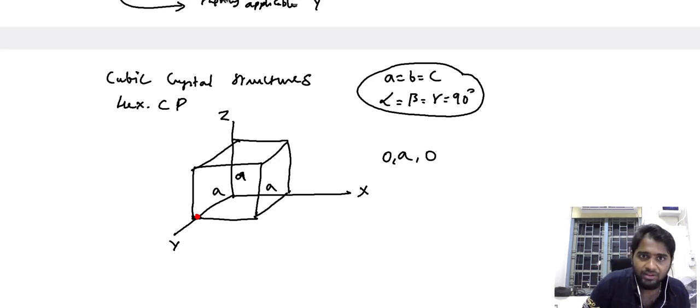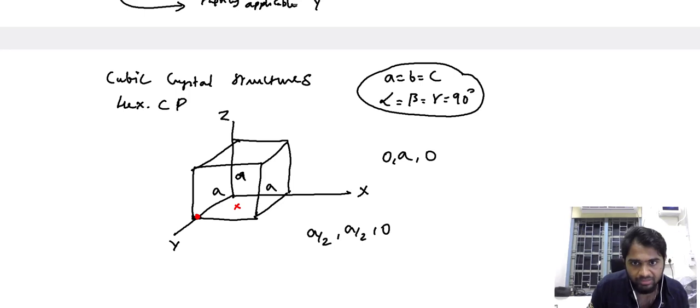In the same way it is possible for us to describe any point. This point here can be represented by A by 2, 0.